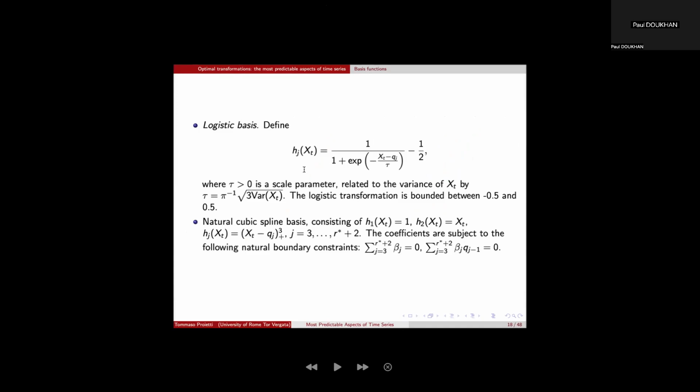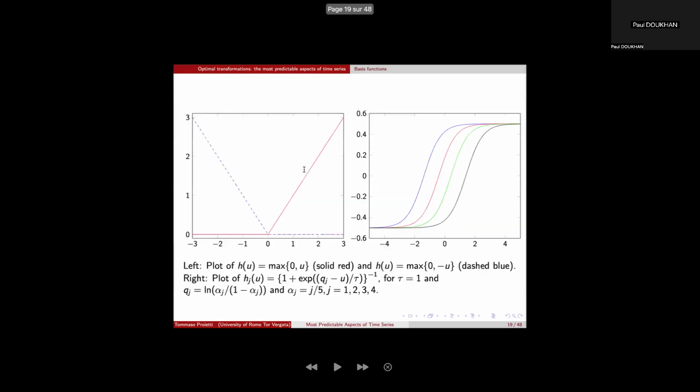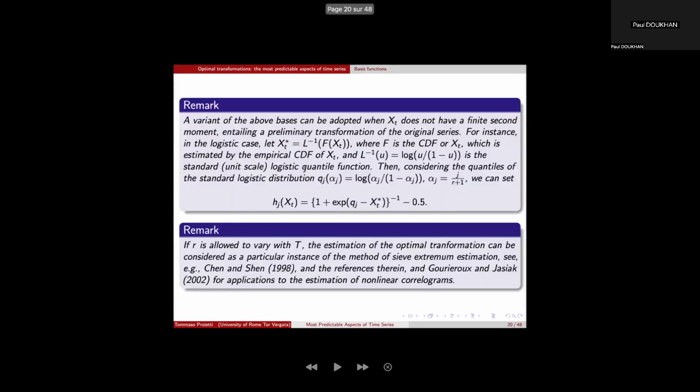Of course, you could have something else like natural cubic splines, Fourier basis, or whatever, but they seem to work less well. And of course, the choice of R is important. You need a decision about how many elements of this basis. You could think that R could be allowed to vary with the number of observations also.